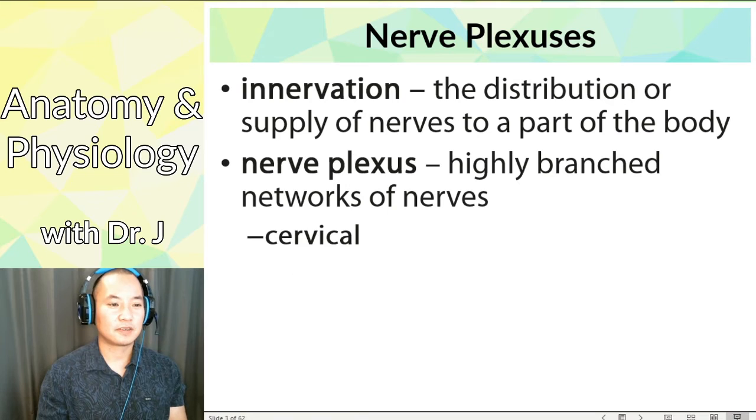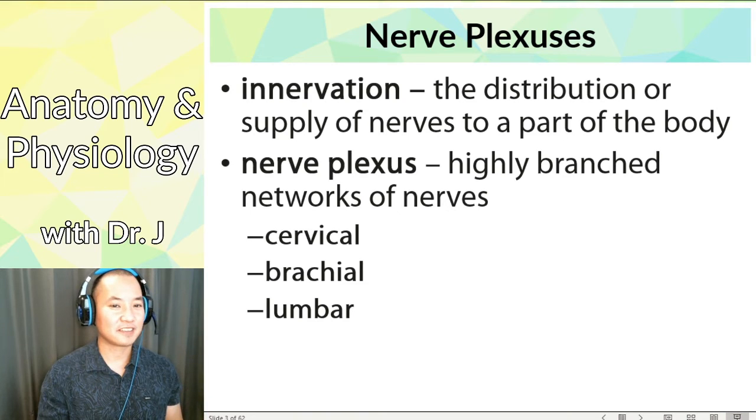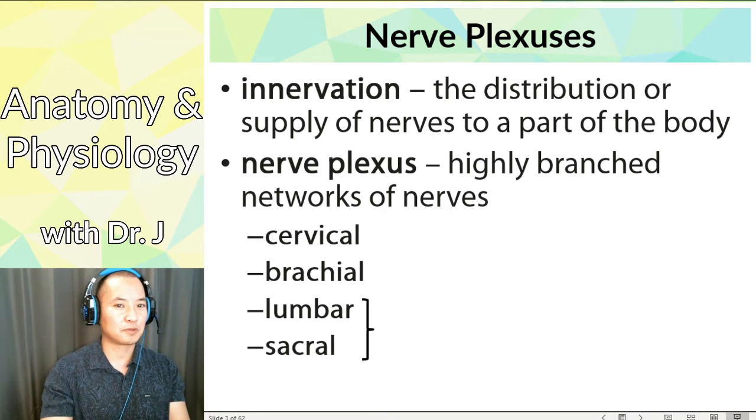Depending on who you go by, these are the main ones I want you to know. Cervical, brachial. Cervix referring to the neck, brachial referring to the arm, lumbar, so that's the lower back, right? And then you have your sacral, and there is a coccygeal plexus as well. And actually, rewind a bit.